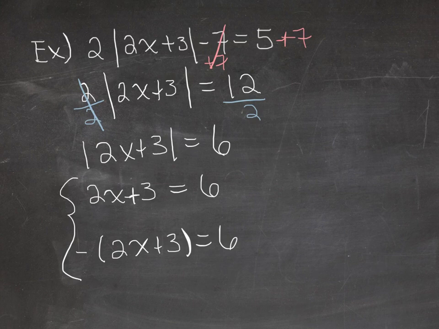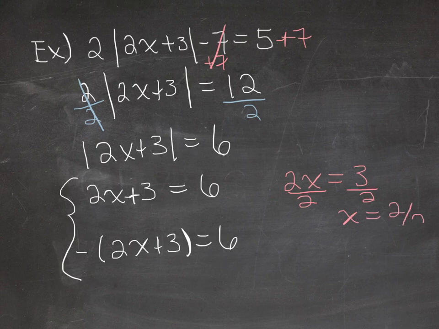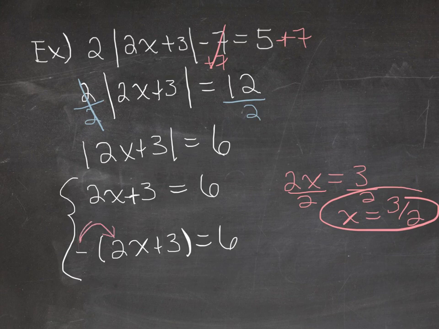So I can solve the first equation. To solve for x, I'm going to subtract 3 from both sides. So I end up getting 2x equals 6 minus 3, which is 3. And then I divide both sides by 2. So I get x equals 3 halves. And then in the second equation, I need to first distribute that negative sign through the brackets.